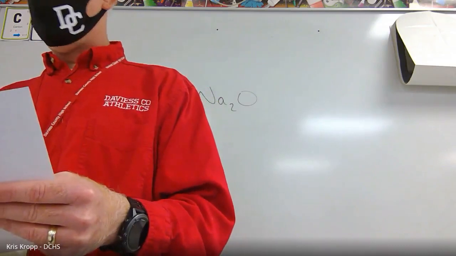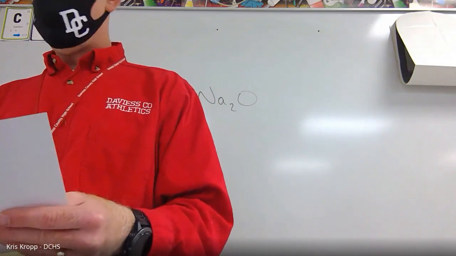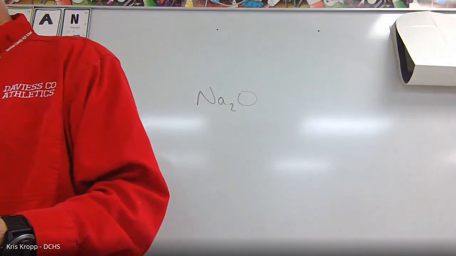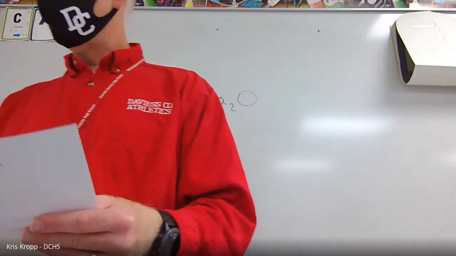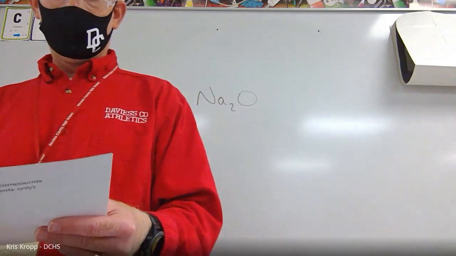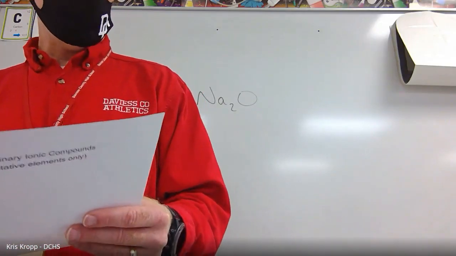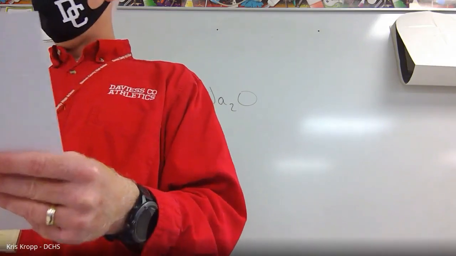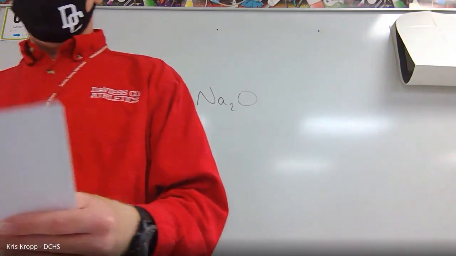Boron iodide is BI3. Strontium arsenide is Sr3As2. Potassium bromide is simply KBr. Cesium sulfide is Cs2S.